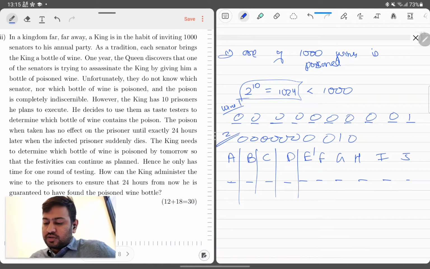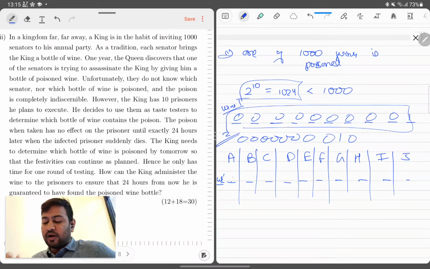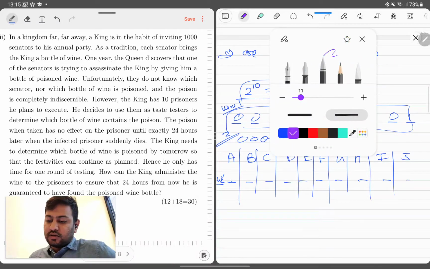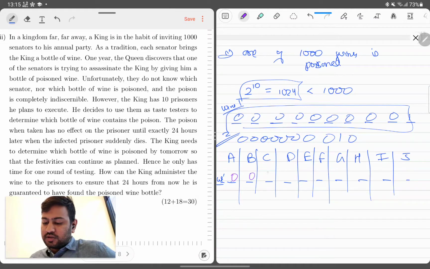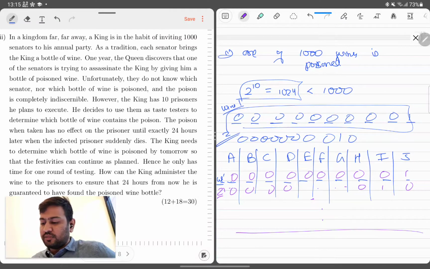So this is what you do: you make a matrix of these 10 prisoners. Wine 1 is 0000000001, wine 2 is all zeros then 1 0, and so on. There will be a thousand different combinations.